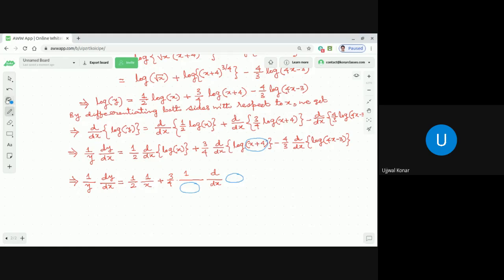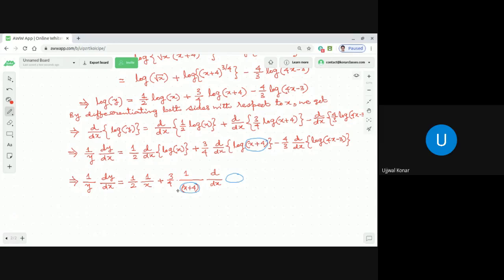What is that blue circle? Now we'll apply it. I want to make some step jump here, because that is the way to learn actually. And what is d/dx of x plus 4? It is 1. All of you agree? d/dx of x plus 4 means d/dx of x plus d/dx of 4. d/dx of x is 1 and d/dx of 4 is 0.